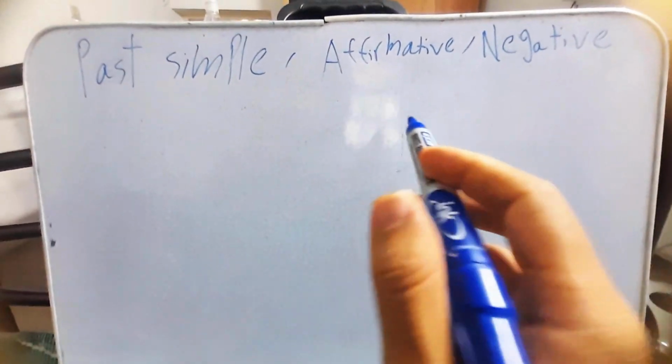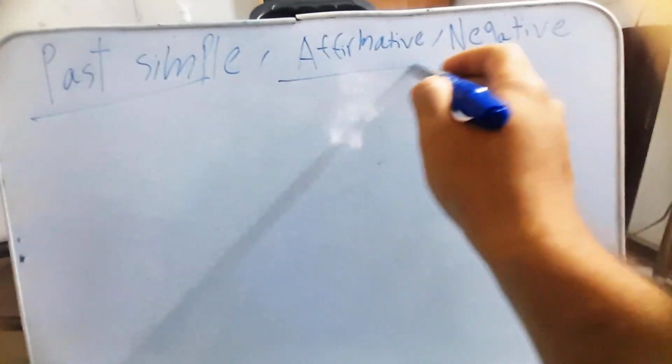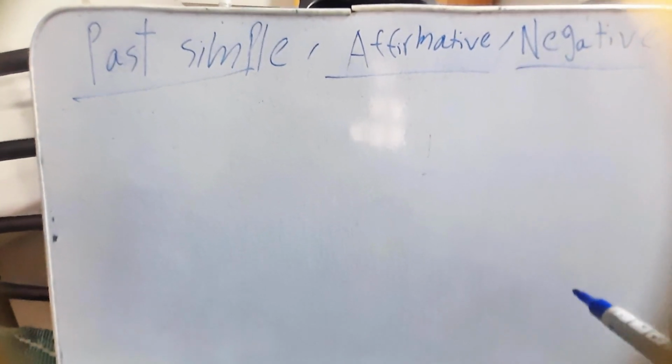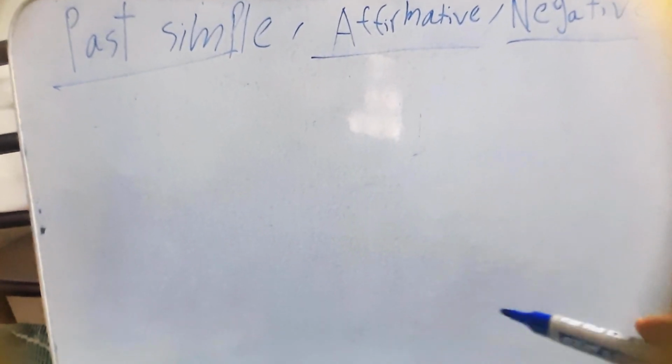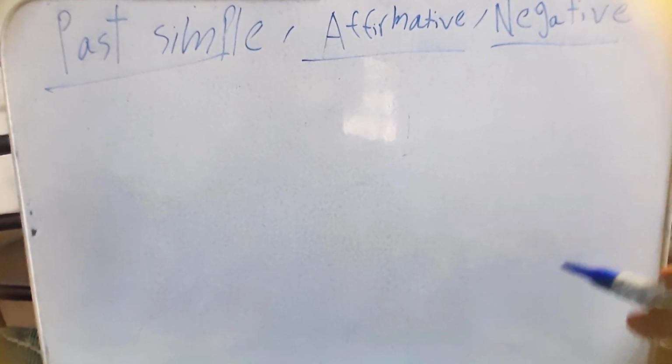And today I will cover the past simple, the affirmative and negative forms of the past simple. As we said, the past simple is a tense in English and it shows the activities that happened in the past and finished.